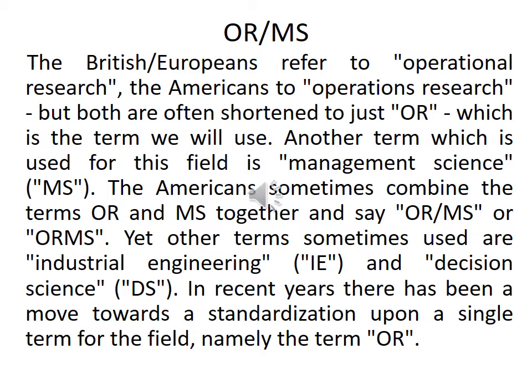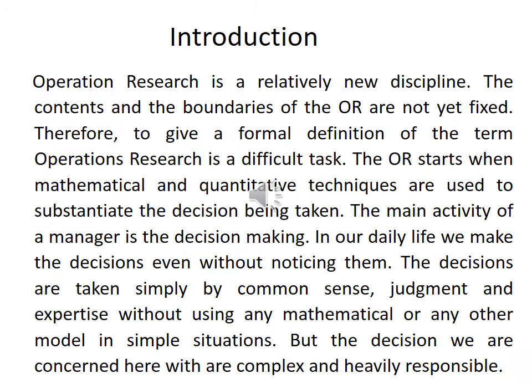Sometimes they used to call it management science, MS, and then they combine it with OR or MS, and sometimes industrial engineering, the IE, or decision science. But in recent years, the standardized form OR is used to represent this course or this subject, these systems or techniques or processes which we are going to learn in this course.